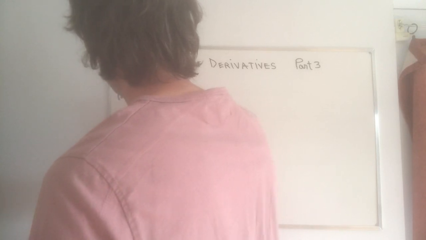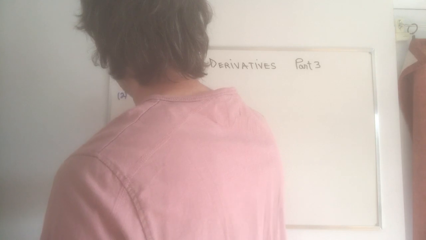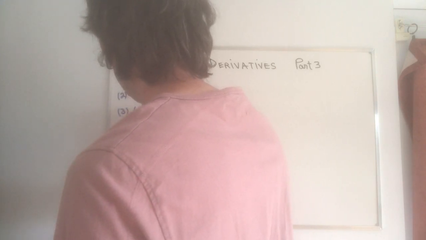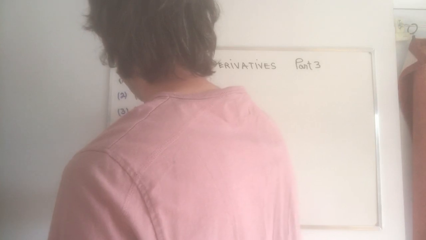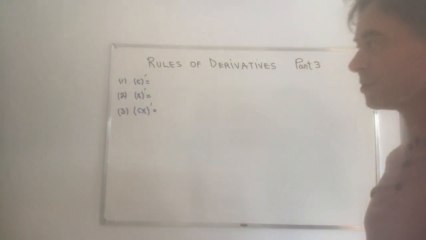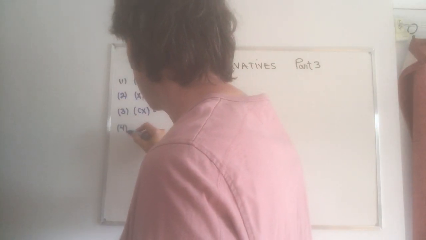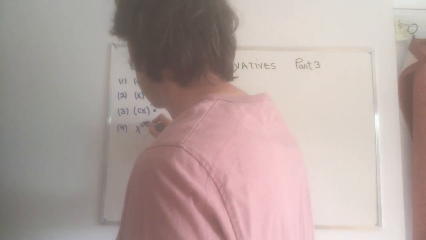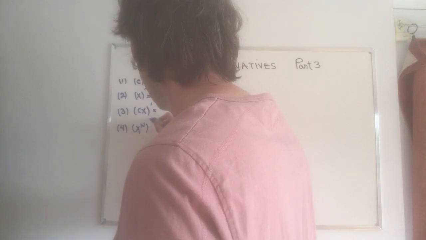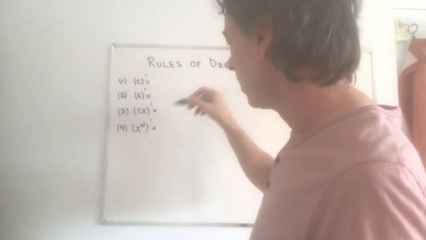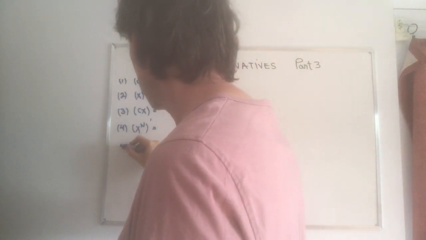We have that the derivative of x is also known. Combining both into c times x. This is also known. These we have seen in the first video for rules of derivatives. So I'm going to write them down and then we'll write the results.